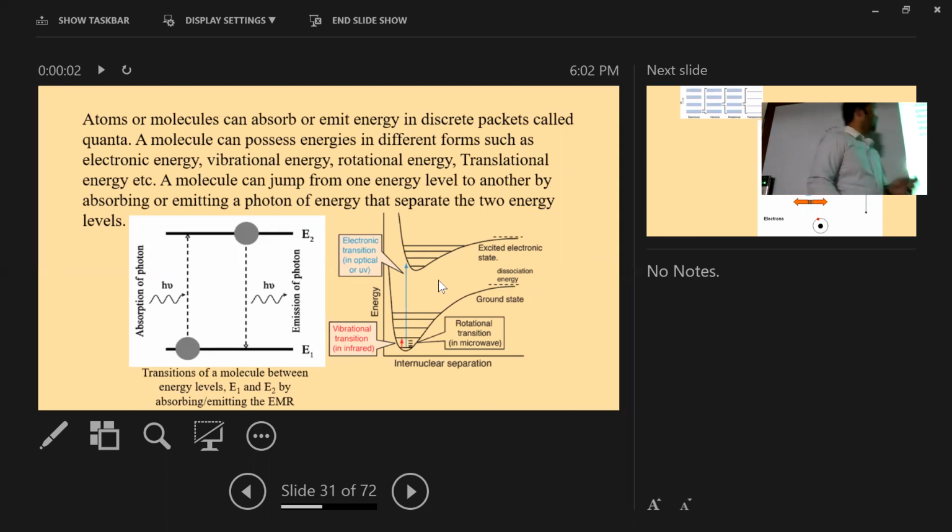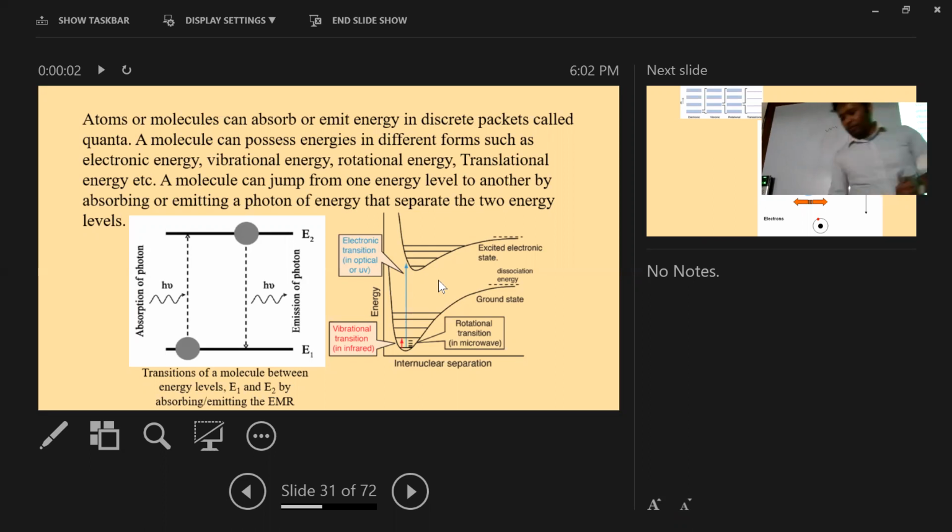Already I have mentioned that one also. If you give some energy to the molecule, depending on how much energy we are giving, the molecule will behave differently. Sometimes it can decompose the bond, sometimes it can get excited.